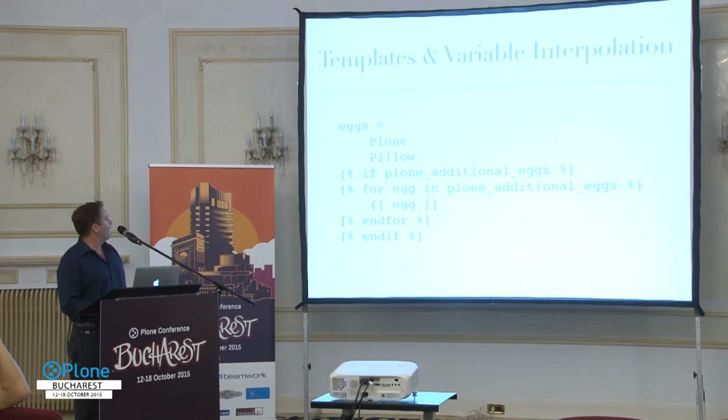Ansible playbooks have templates. So here you see the template syntax. This comes from, obviously, as you can guess, the buildout.cfg template in the Plone Ansible kit. And template files can be copied to the server to be executed there.